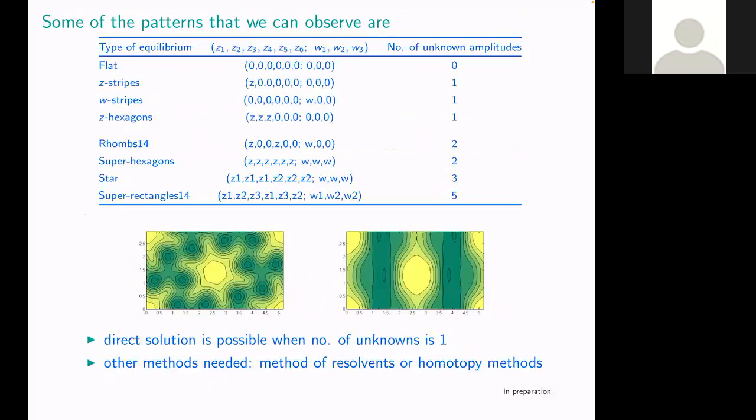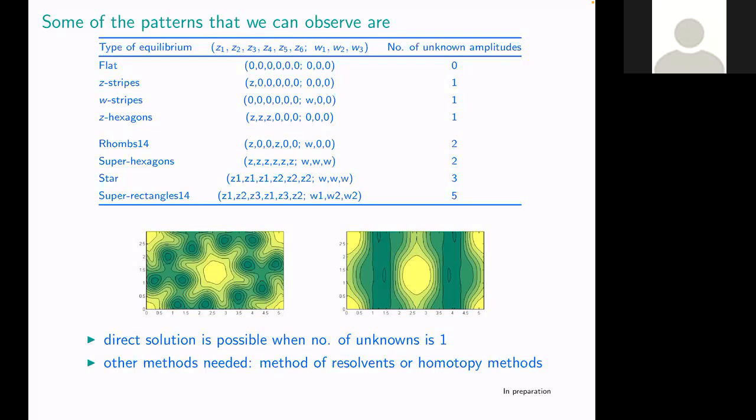In order to do this, we perform a cursory scan of the PDE's phase space by doing some simulations, and we recover some simple patterns like the flat state or the uniform state, where, as shown in the middle column of the table, all of the amplitudes are 0. We have 6 Z amplitudes and 3 W amplitudes. Because of the reality condition, we don't have more. We only have 9 unknowns.